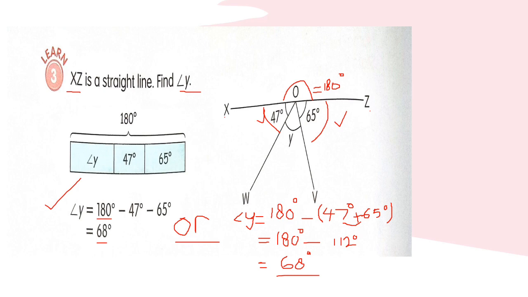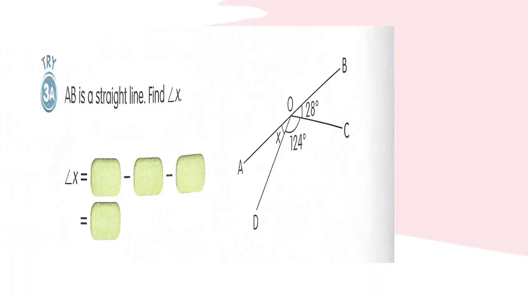Okay, kalian boleh pakai cara ini ataupun kalian boleh pakai cara yang ini. You can choose which way is easier for you to do. Okay, next, this is the last questions. AB and B, AB is a straight line. Here, straight line.